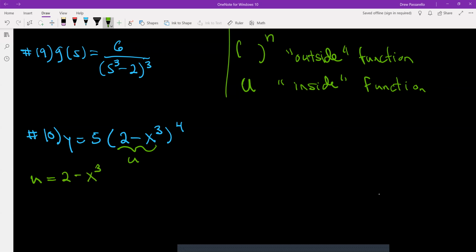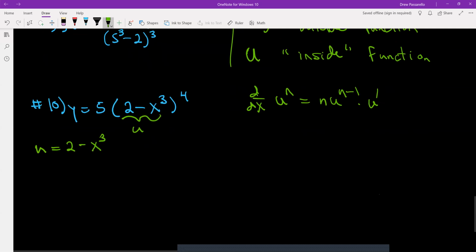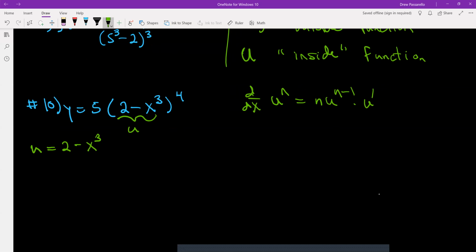And then I'll just write the general power rule right here. All right, so I have u is 2 minus x cubed. So if I were to find the derivative, u prime, the derivative of 2 is 0 since that's a constant, and then taking the derivative of x cubed, it'd be minus 3x to the 3 minus 1, which would be minus 3x squared is what u prime is.